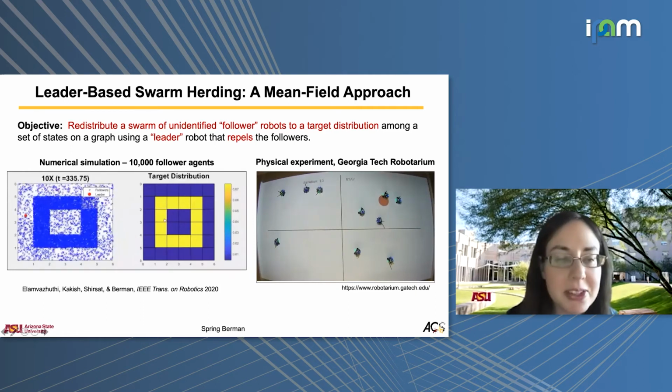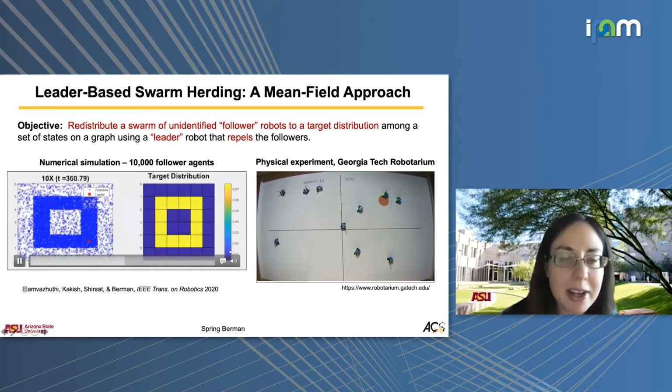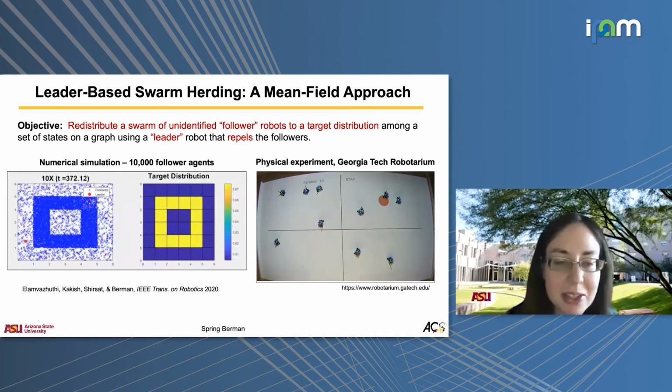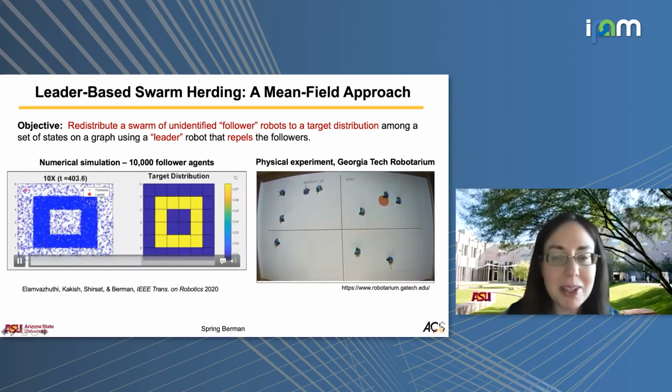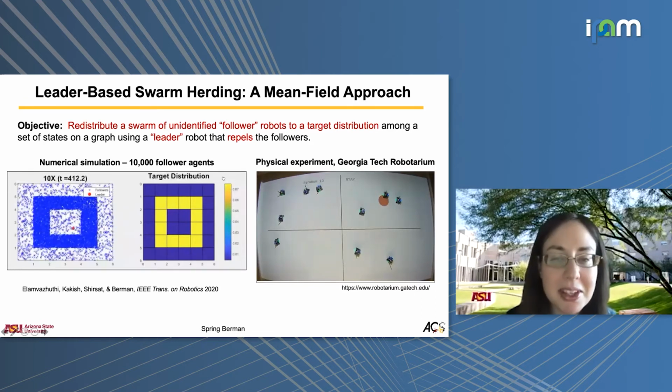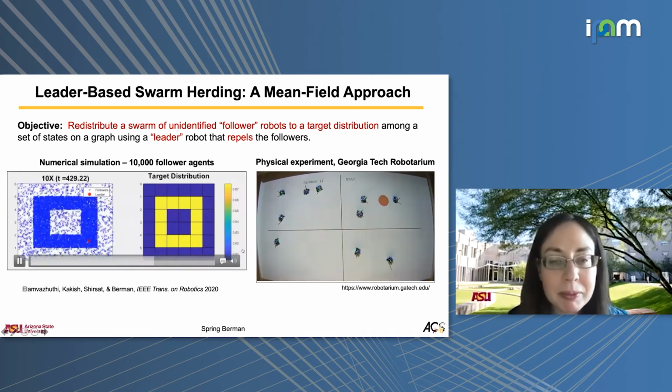But in these experiments, we simulated that by having an overhead camera and tracking the number of robots in each state. So we had one at a time, but in practice, it should be continuous, that you have robots moving at any time. Thanks. Mm-hmm.